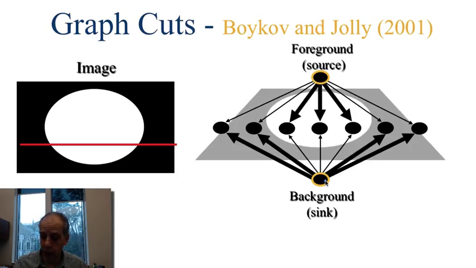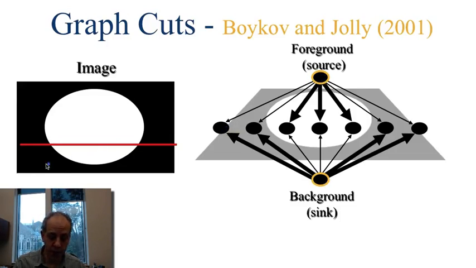First of all, how do we connect every node representing a pixel to the foreground, source, and to the background sink? And the basic idea is that we connect them with some measurement of the probability of the node, meaning the pixel, being background or being foreground.